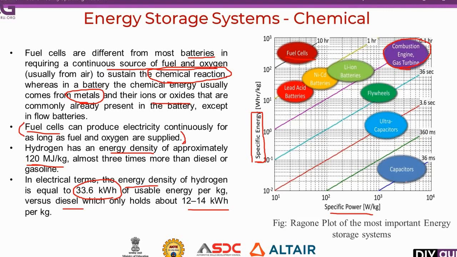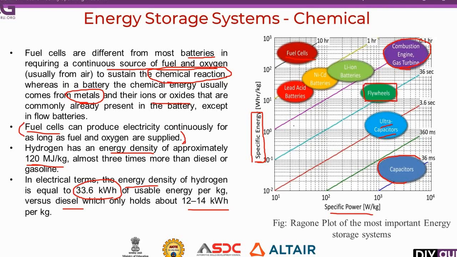Here we have normal electrolytic capacitors, where the specific power is very high, but the specific energy is less when compared to the other types of systems. Also, here we have supercapacitors, which are more reasonable. Also, we have a flywheel, which is economical when used on a large scale.